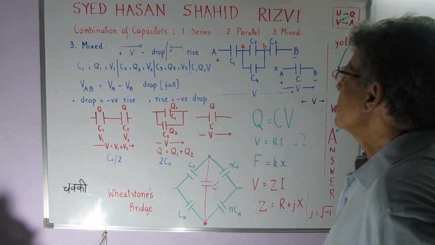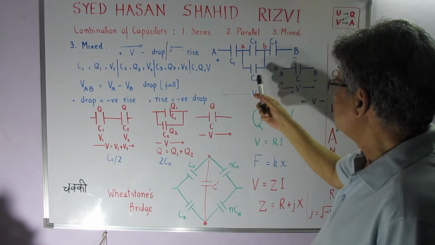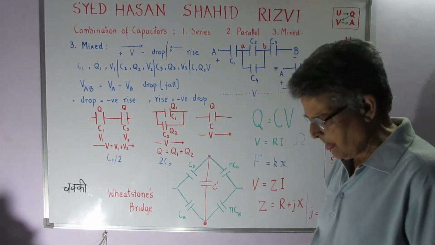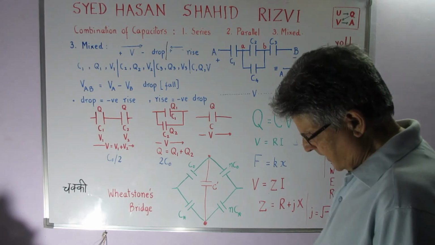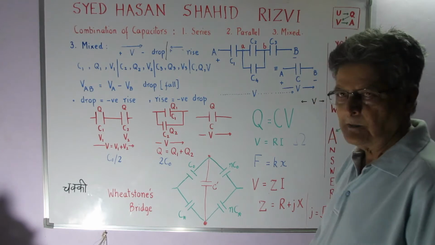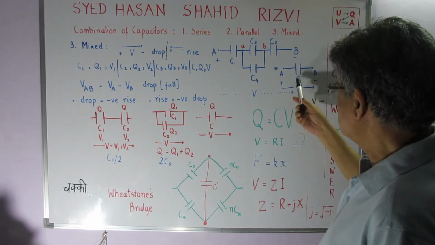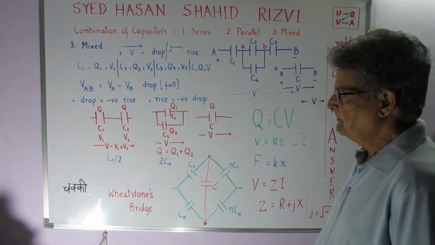Now let's see. C1, C2, C3, C4. And let's see the associated data, and of course C, which is the equivalent capacity.